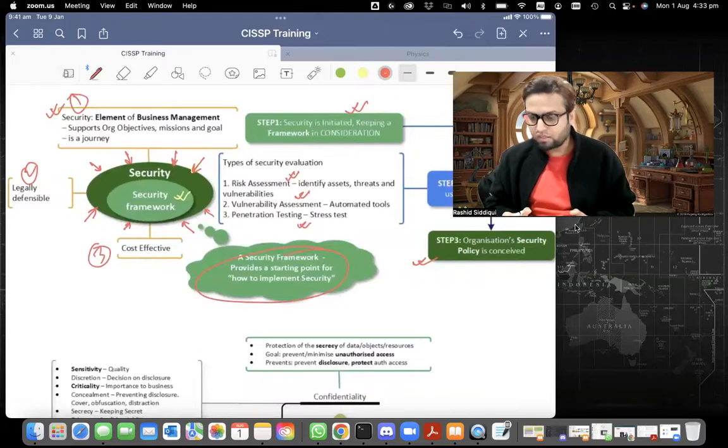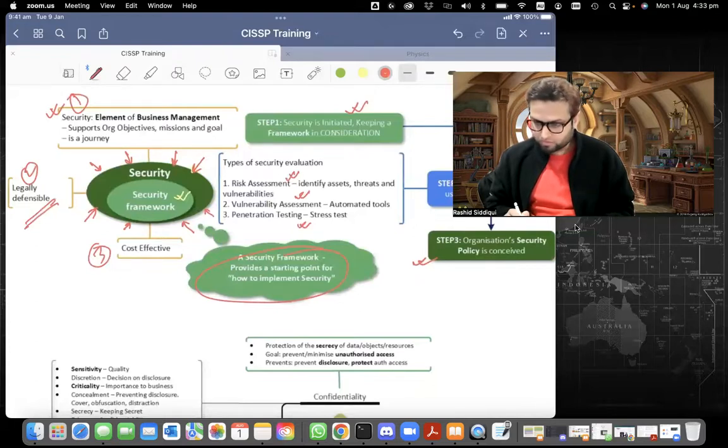And security is never treated as a one-stop solution. It's a journey. It evolves and it changes, goes up and down with the business requirement and with the varying needs of the organization. It should be legally defensible. Like if we deploy security for which we don't have a legal standpoint, then it will eventually be a problem for us.